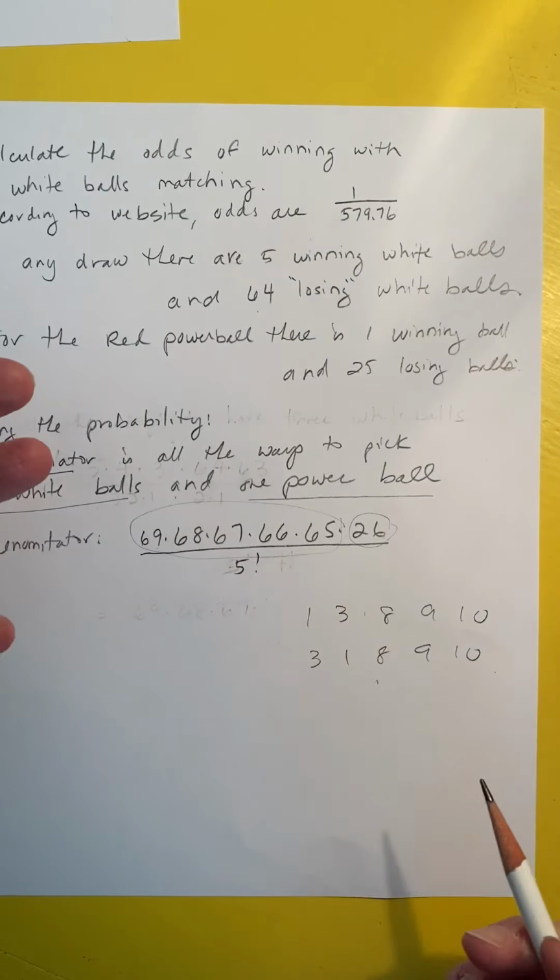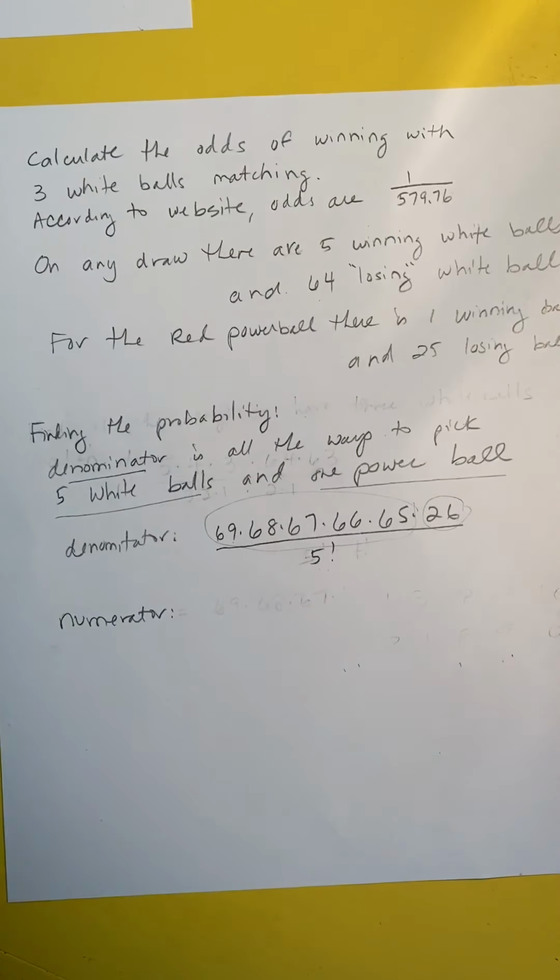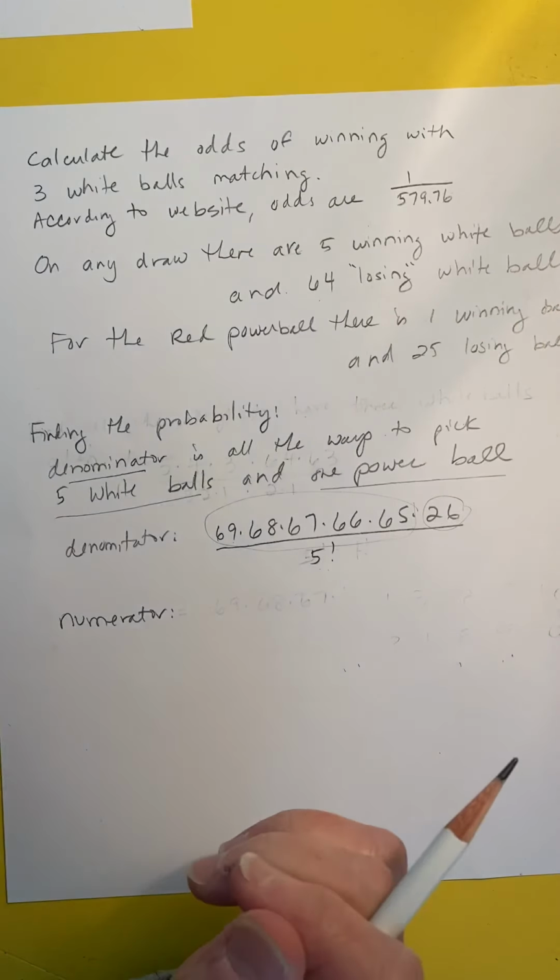The numerator for ours, I'm going to show you how to think about it. We're looking for 3 white balls matching and nothing else matching. So from the white balls, I'm first going to think about the 3 winning balls. I only have 5 winning balls, so I have 5 ways to pick one of the winning balls for my first pick.